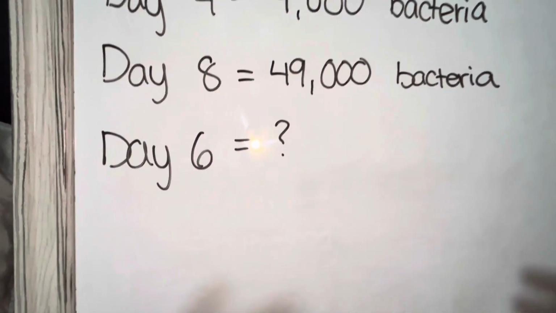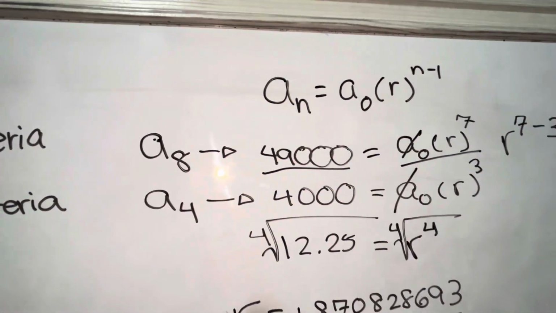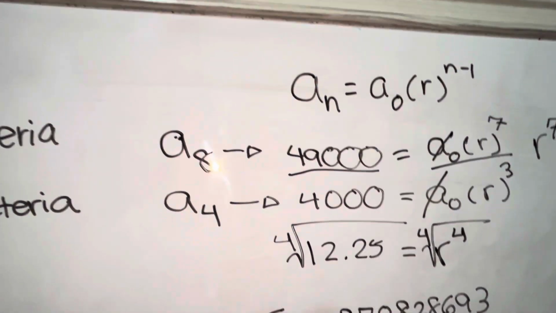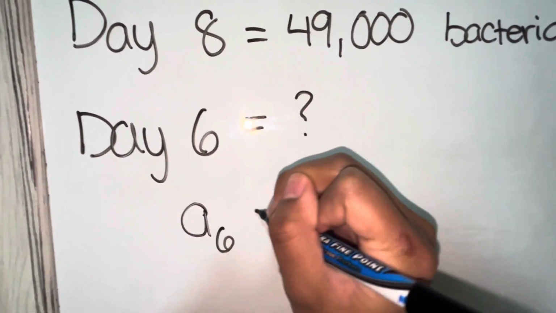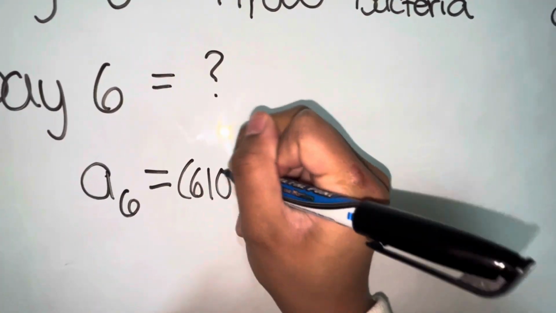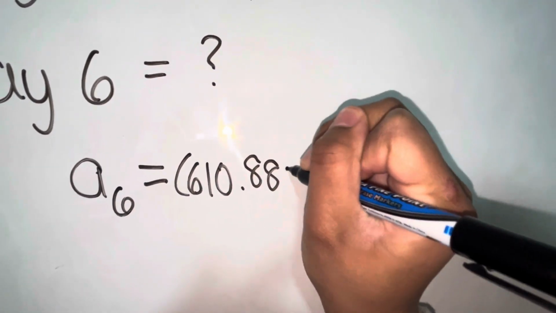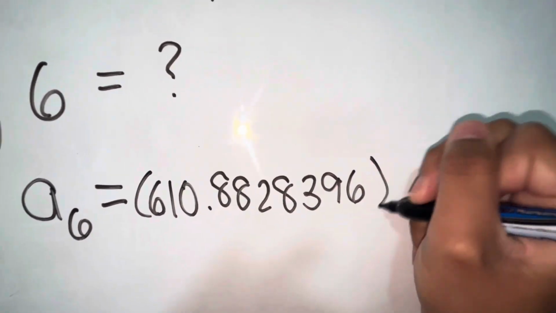We are going to find day 6 by using the same geometric formula, and it's going to be a lot easier this time because now we have found our hidden variables. So n equals 6, and then you have your A0, which is 610.8828396.